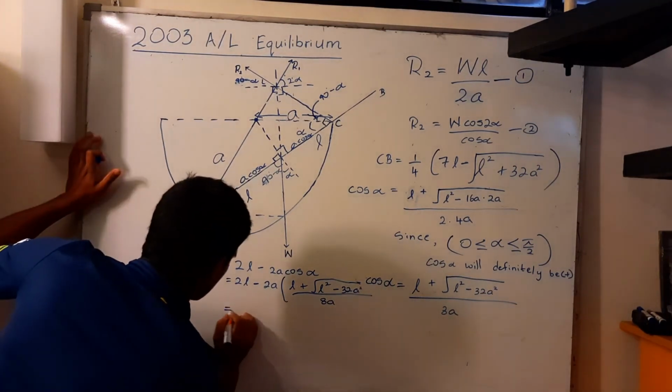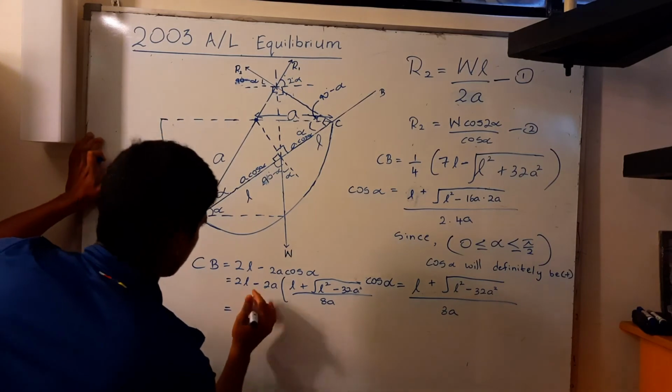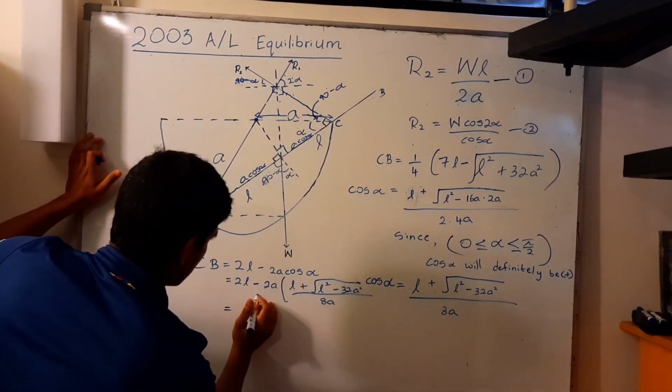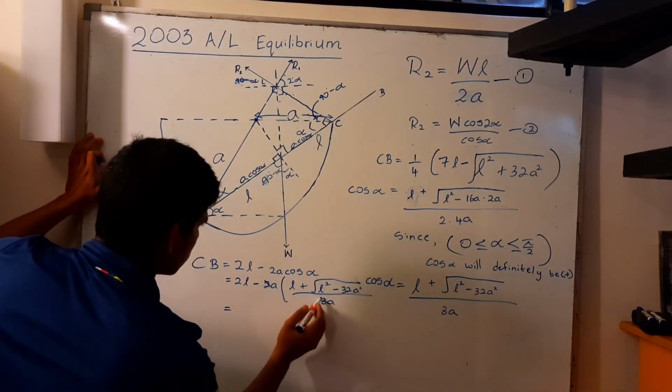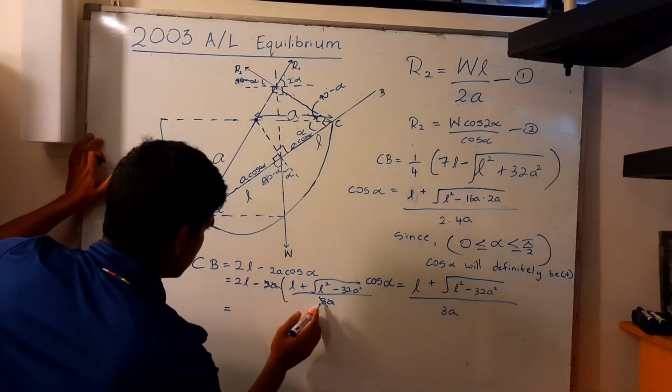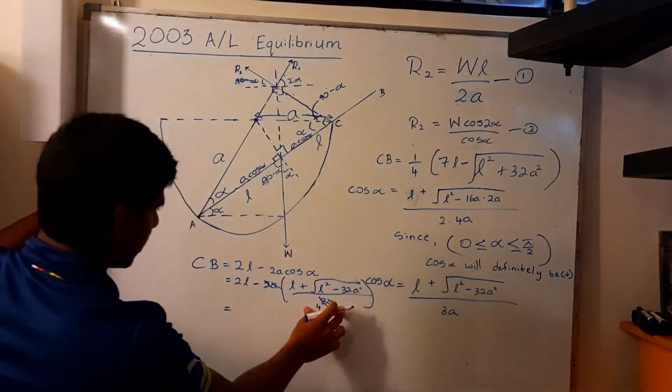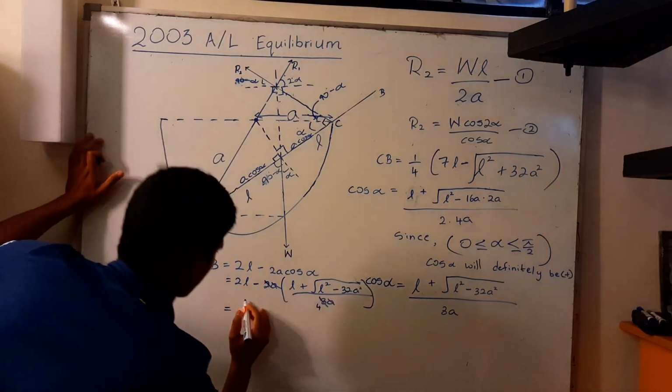Basically I'm going to make a common denominator. Before that we can cut this 2 with this and this A with this, so it will become 4. So the denominator over here would be 4. Then I multiply this by 4.